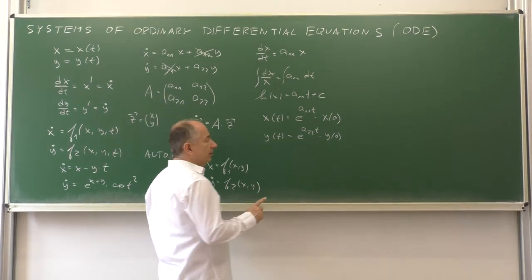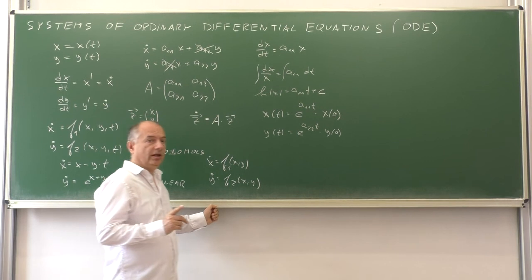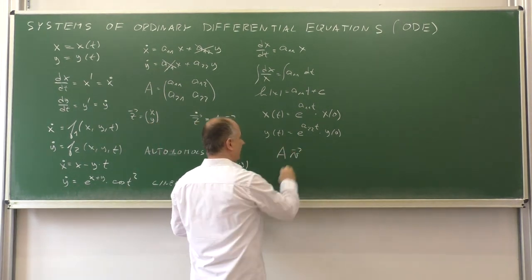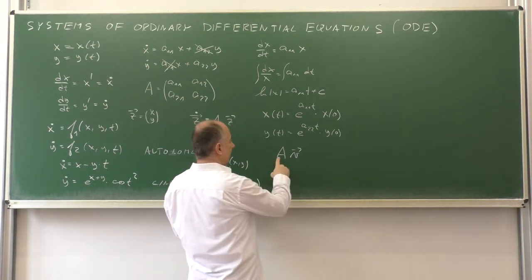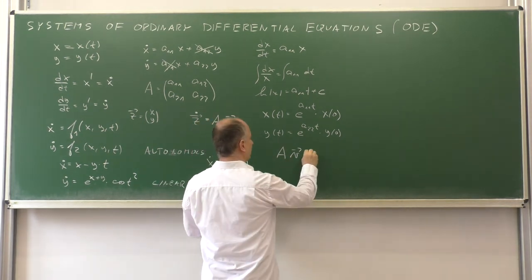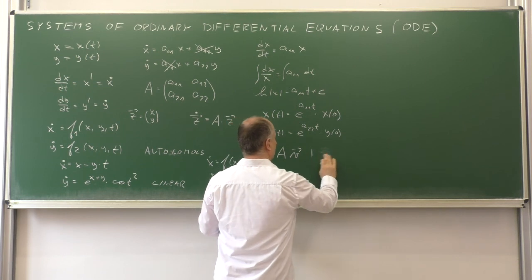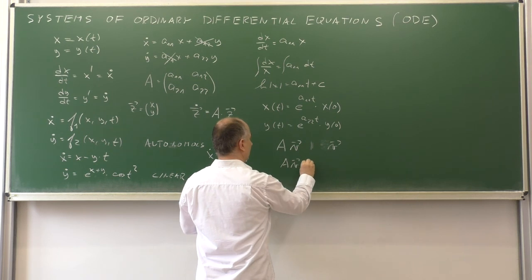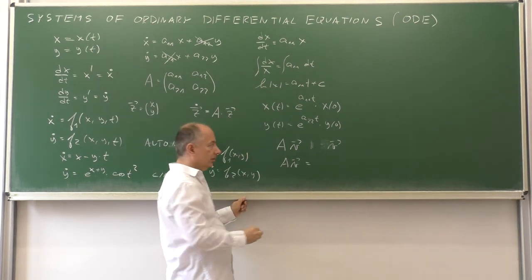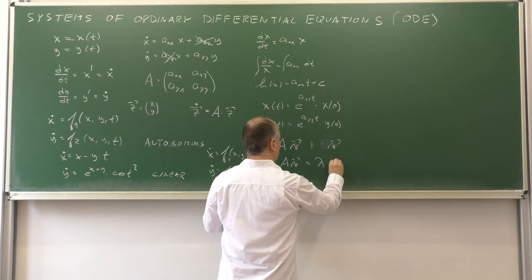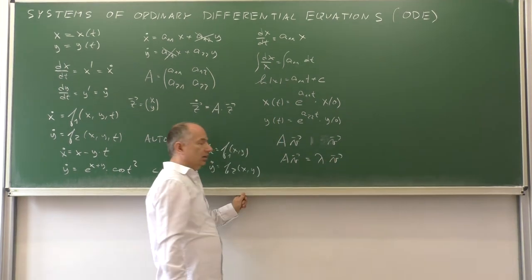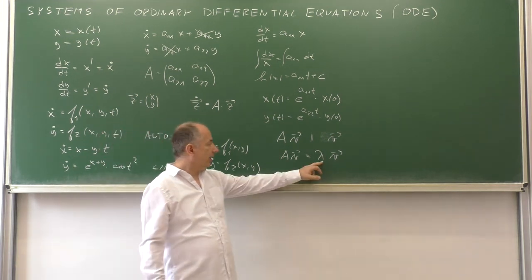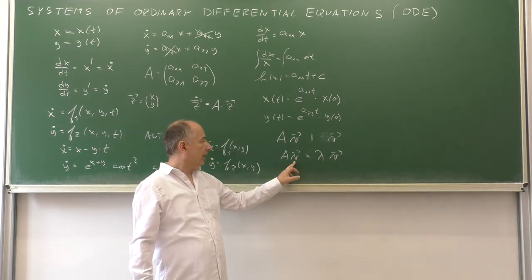and if we remember the eigenvalues and eigenvectors of a matrix, namely, if we have a vector v such that its image under this multiplication is parallel to the vector itself, that means Av is equal to some number times v, and we denote this number lambda and call it the eigenvalue, and v the corresponding eigenvector.